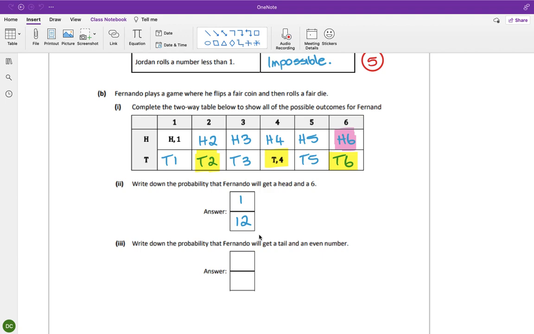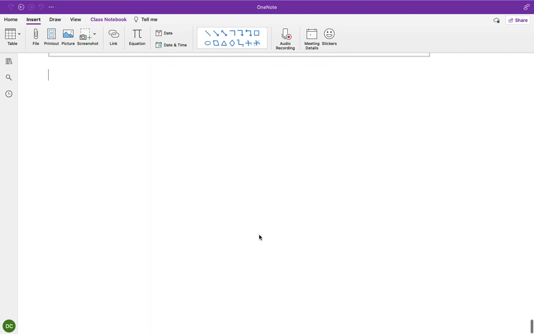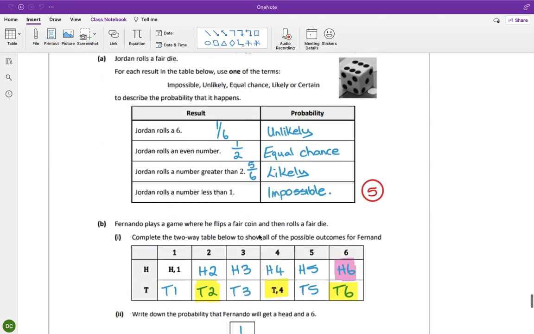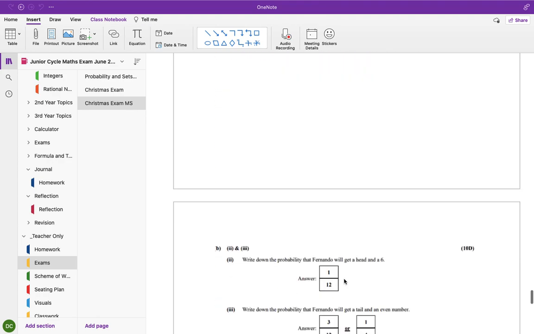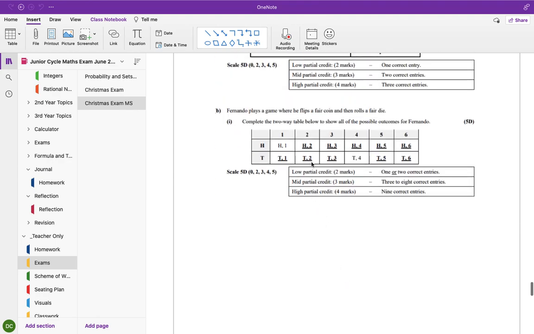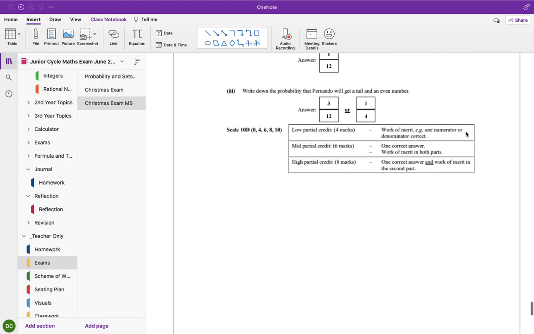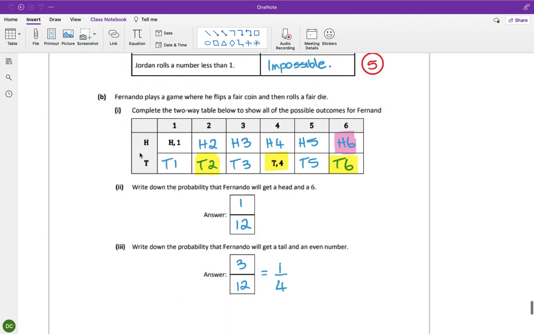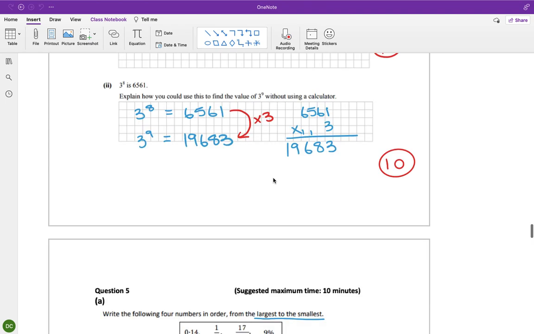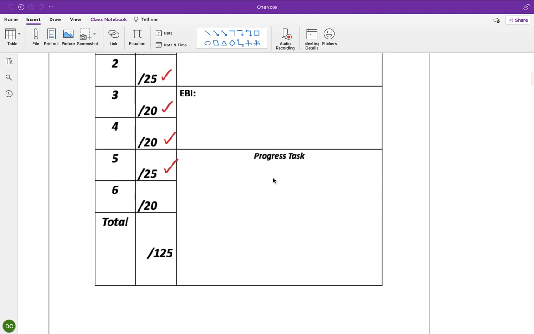So there's 3 of them out of 12, which is a quarter in its simplest terms. Now, you weren't asked for simplest terms, but just in case. So the two-way table was worth 5 marks, and then this was worth 10, making that a total of 20. Is that right? 20.